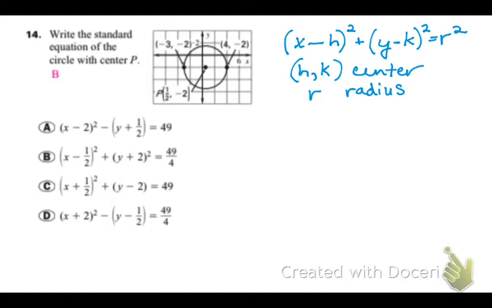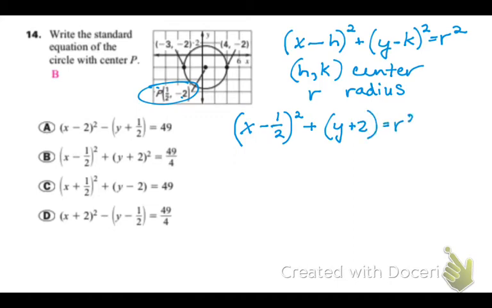So the easiest thing to do, we know the center is equal to 1/2, negative 2. Those are the coordinates. So if we put that into the circle form, we get x minus 1/2 squared plus y, and since this is a minus 2, this becomes a plus 2, and that's equal to r squared.